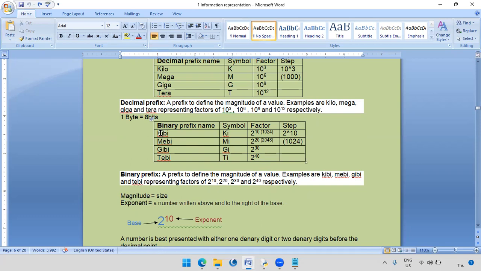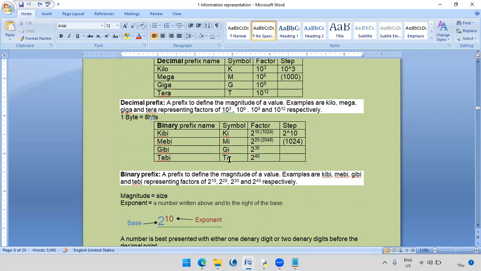The names are like this: kibi and gibi, right? Gi, mebi and tebi. So alternating every other one, a b. But the prefixes always have I as the second letter. Here, kibi and gibi have I, mebi and tebi have E. Pronunciation also: kibibyte, mebibyte, gibibyte, tebibyte.